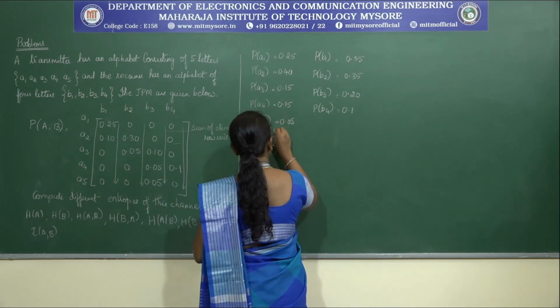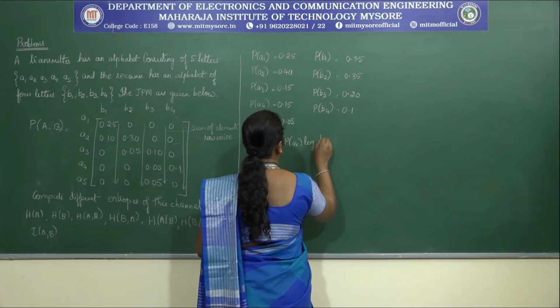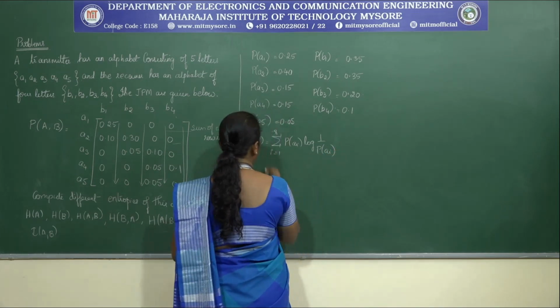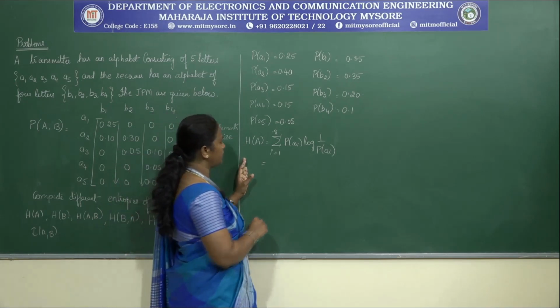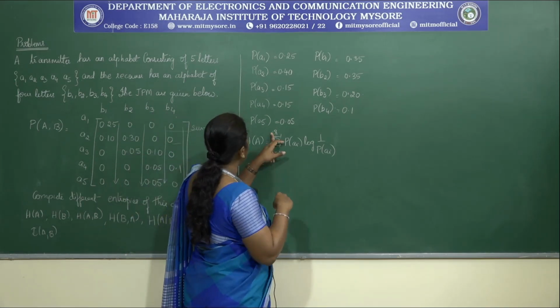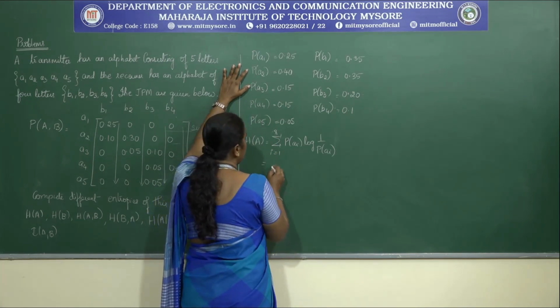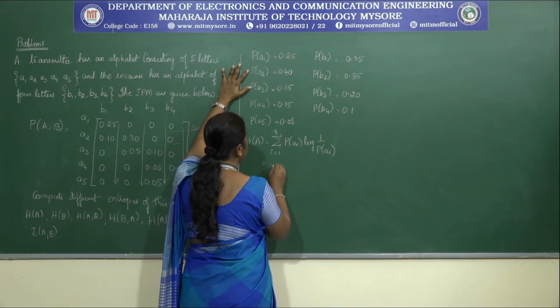So in general, the summation of P of ai into log of 1 by P of ai is the formula we need to use to calculate the entropy with respect to the input side. I equals 1 to r means how many source symbols we have? We have 5 symbols. So the summation varies from i equals 1 to 5.